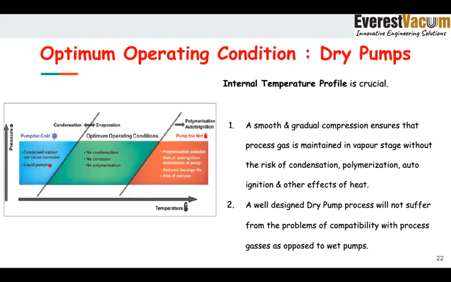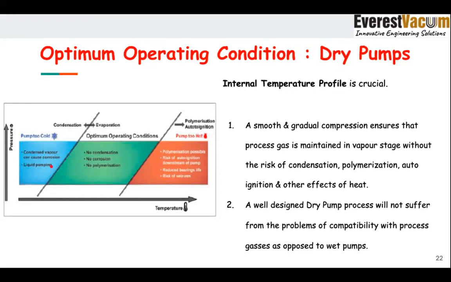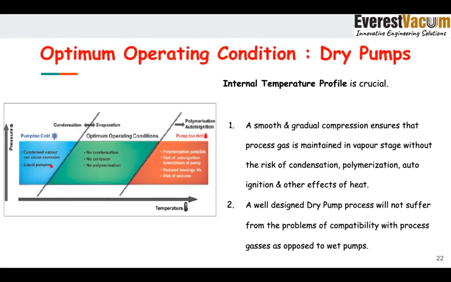Again, I will repeat, it is advantageous for the booster if the booster also operates in this range, but this is majorly applicable to any type of primary dry pump. Any manufacturer, any design, all dry vacuum pumps should typically be operated in optimum operating condition.